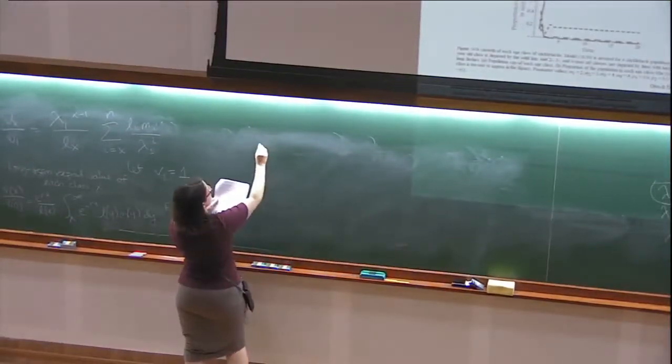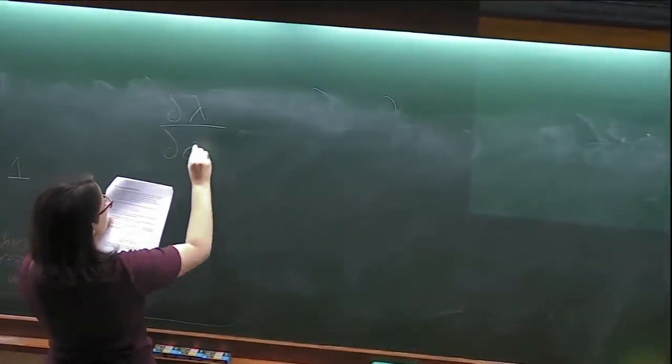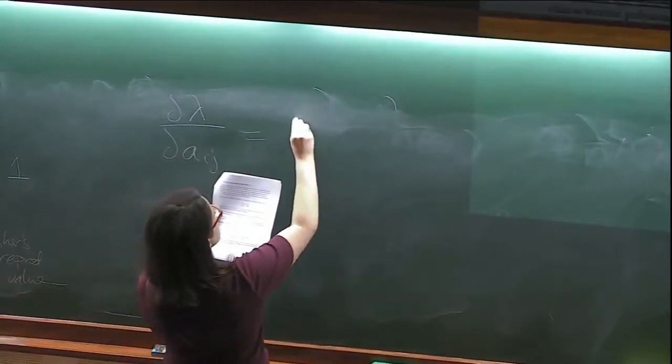And we can ask, how does lambda respond to a small change in one of the entries of the projection matrix A? I'll call that Aij. It turns out one way to define it is like this.